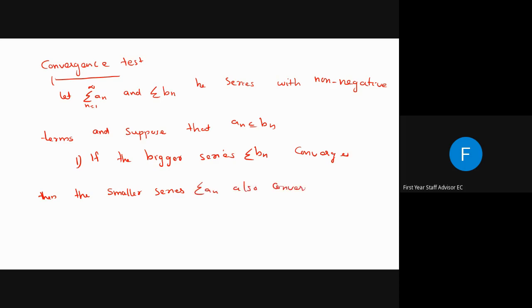Very, very important result. If the smaller series an diverges, then the summation bn also diverges.